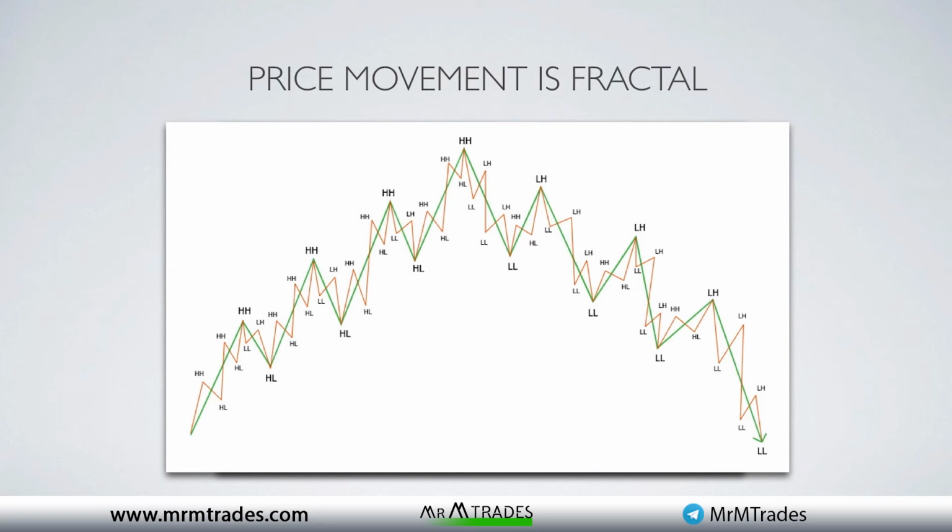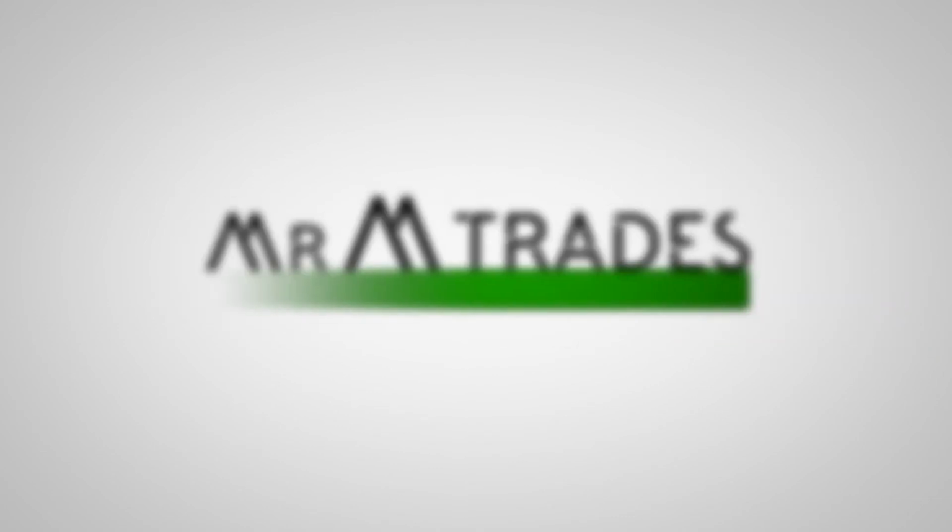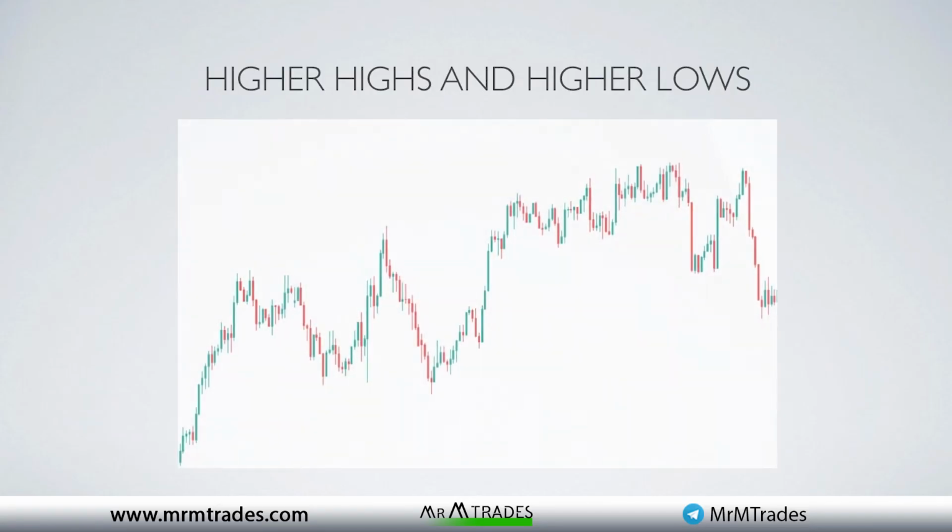Let's take a closer look at this concept, but on the price chart now. As you can see on the chart, we have a price in an uptrend creating higher highs and higher lows. The thing to remember here is that we can only confirm a higher low when the previous higher high gets broken to the upside.